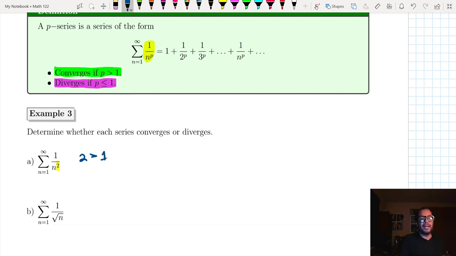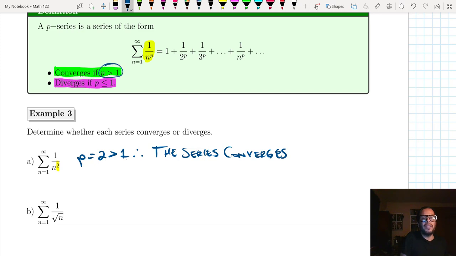So in this case, P equals 2, which happens to be greater than 1. Therefore, the series converges, because if the number P is greater than 1, then it converges.